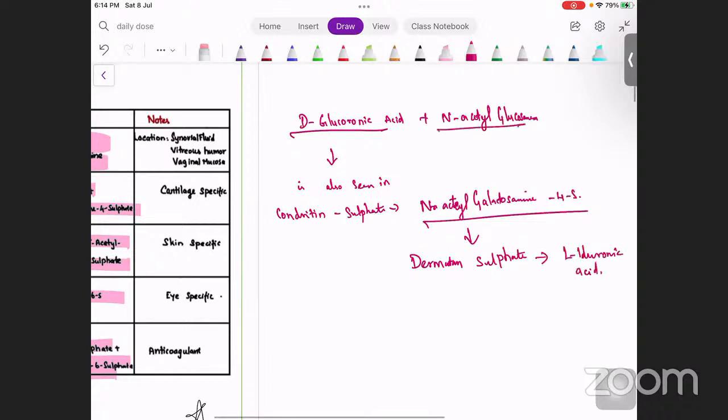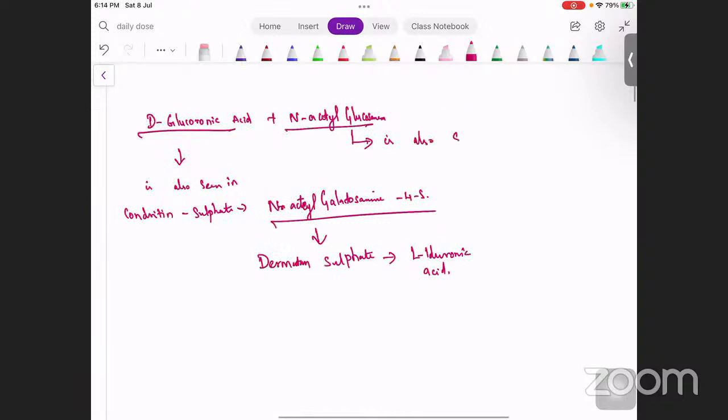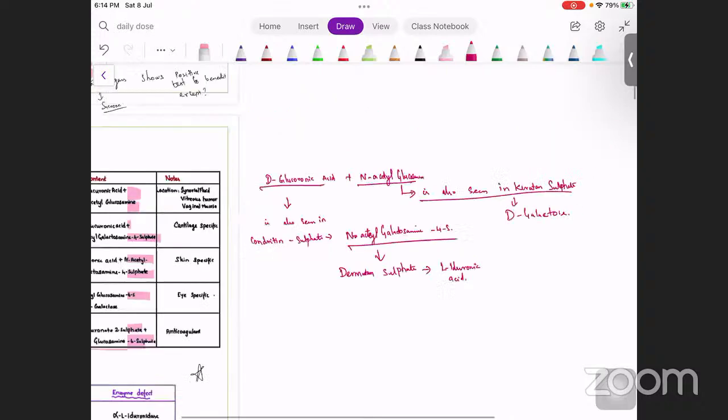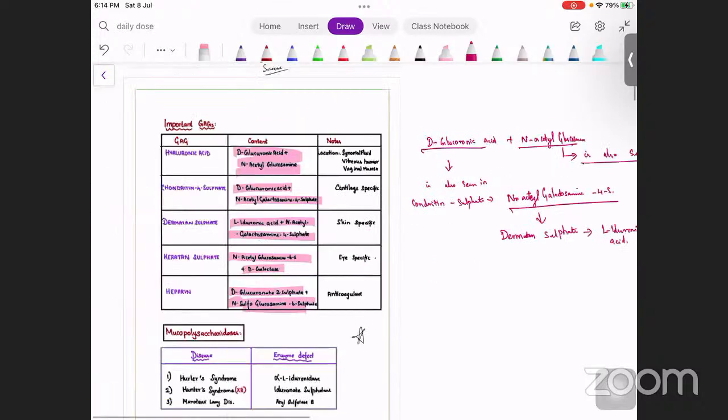Apart from that, this N-acetyl glucosamine is also seen in the keratan sulfate. The only difference is, instead of D-glucuronic acid, you may see D-galactose on the keratan sulfate. So this is how I used to remember the important GAGs.